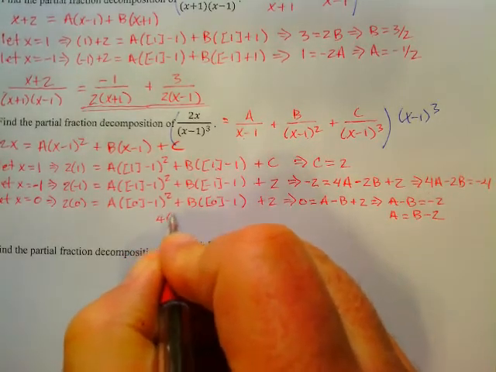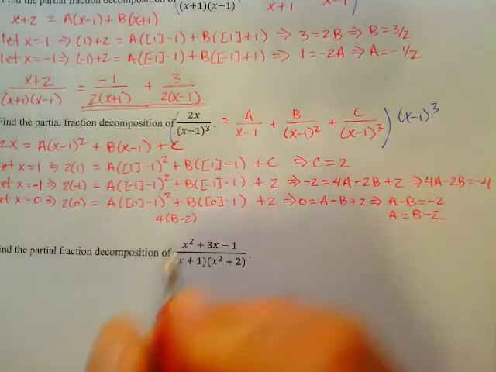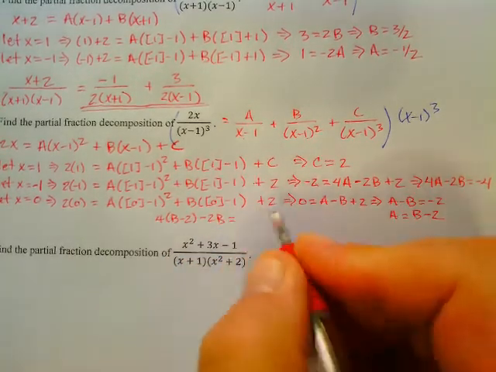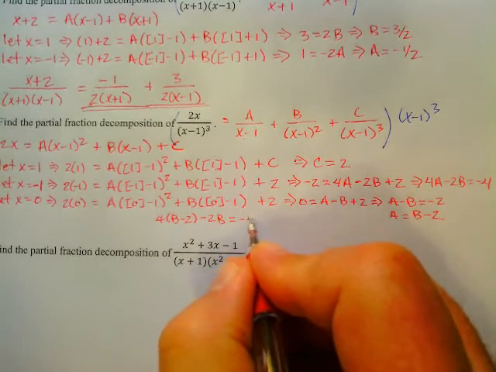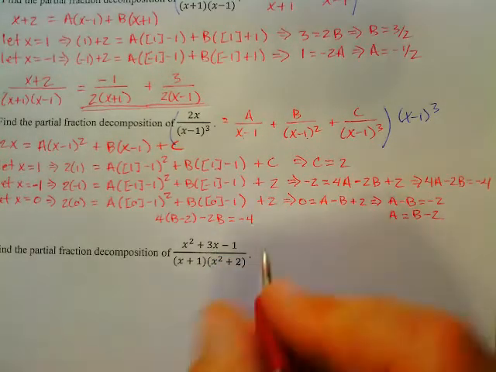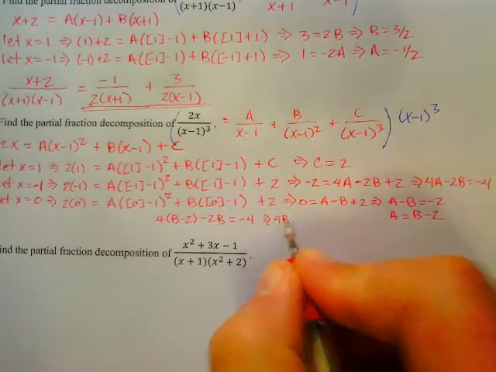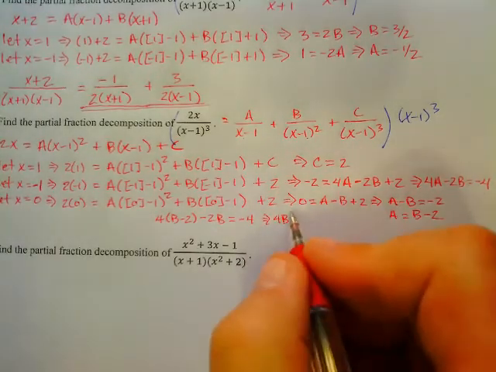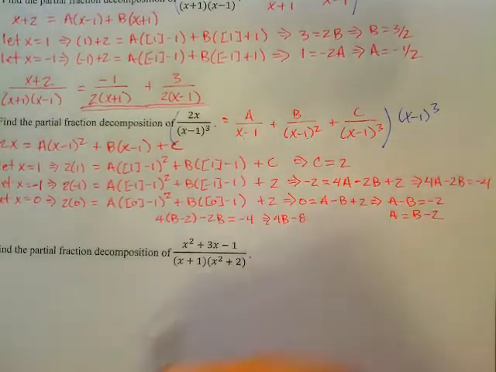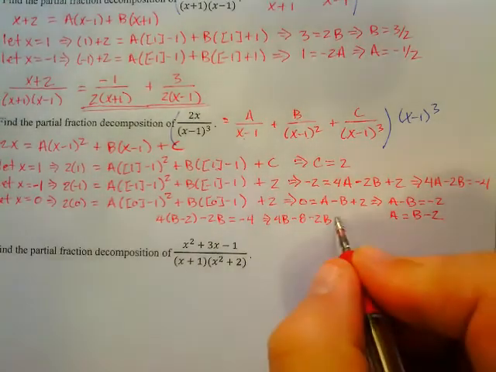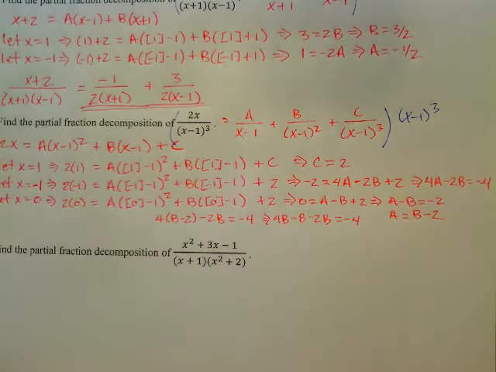4 times b minus 2 minus 2b equals negative 4. Let's see, that's going to give me 4b minus 8 minus 2b equals negative 4.